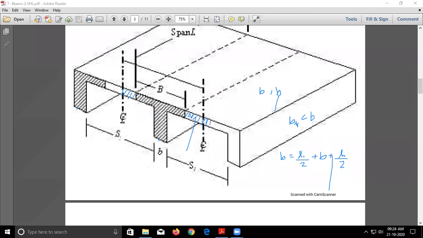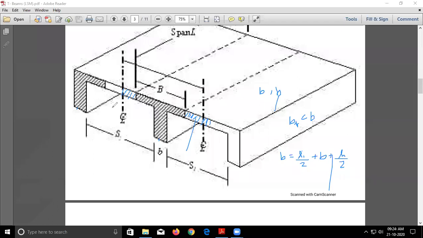So that is the reason we are restricting the width of the flange to a particular value for the analysis of the beams. As we move away from the web, the load carrying capacity of the slab will decrease as the compressive stresses. So that is the reason we are keeping this effective width always less than the actual width of the T beam.